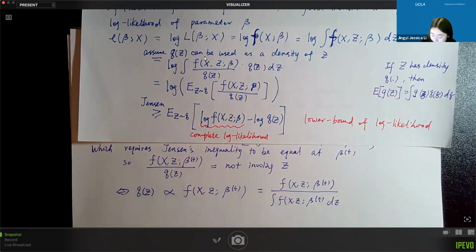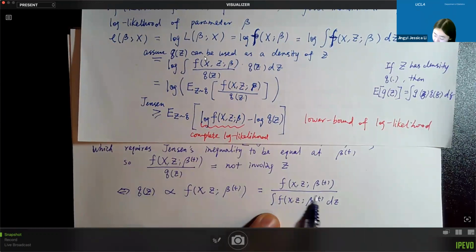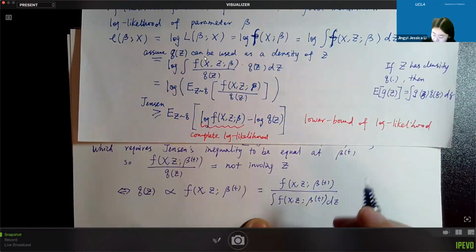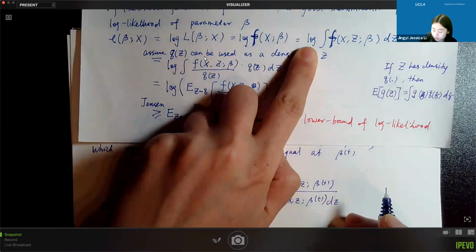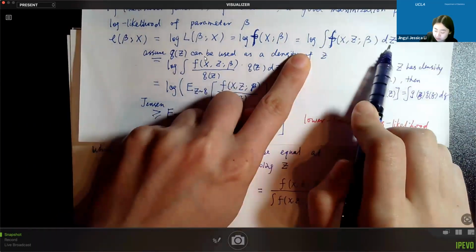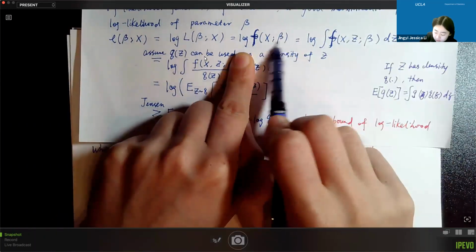That's a valid density. So this tells me the exact form of q to make Jensen's inequality become equality at the current value of beta t. If you see here, after I do the integration over z in the denominator, I'm left with the marginal density of x only. The integration of z gives me the marginal density of x.